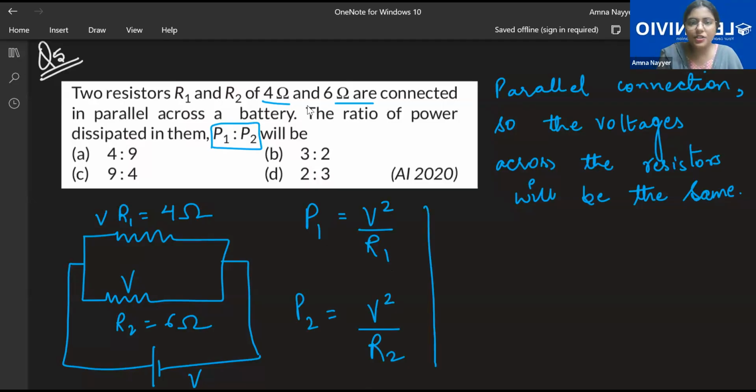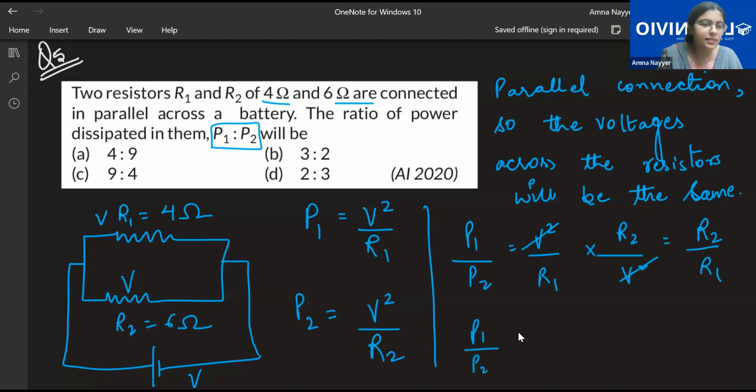We have to find the ratio of P1 by P2. So P1 by P2 will be V square by R1 into R2 by V square. This gets cancelled, and we are left with R2 by R1. So P1 by P2 is R2 by R1, 6 by 4, which is equal to 3 by 2.